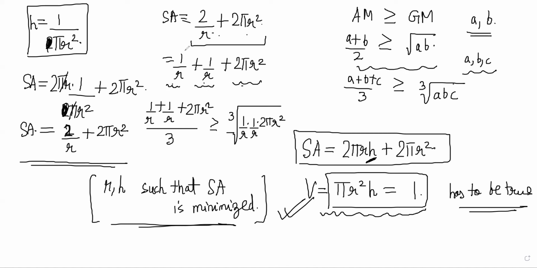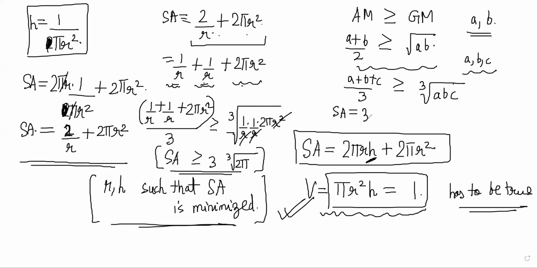Notice that because we have split the 2 by r into two 1 by r terms, you are cancelling the r and r square. So this thing is greater than or equal to 3 times the cube root of 2 pi. So the surface area should be greater than or equal to this, and the minimum value of surface area is 3 times the cube root of 2 pi, right?